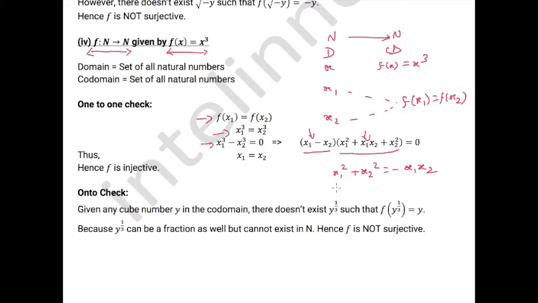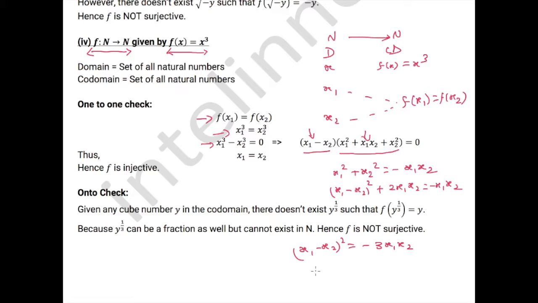This can be written as x1 minus x2 the whole square plus 2x1 x2, which is equal to minus x1 x2. So x1 minus x2 the whole square will be equal to minus 3x1 x2.